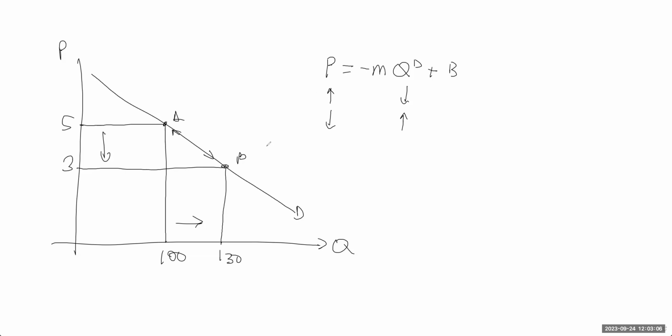If we know quantity demanded changes from, say, 130 to 100, we could use this curve or the formula to figure out exactly how much price changed. That's called movement along the curve.